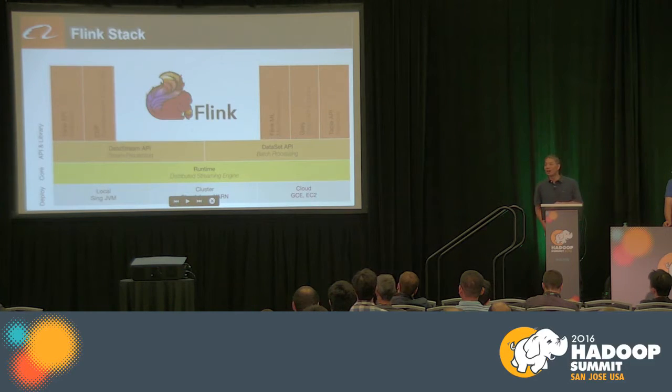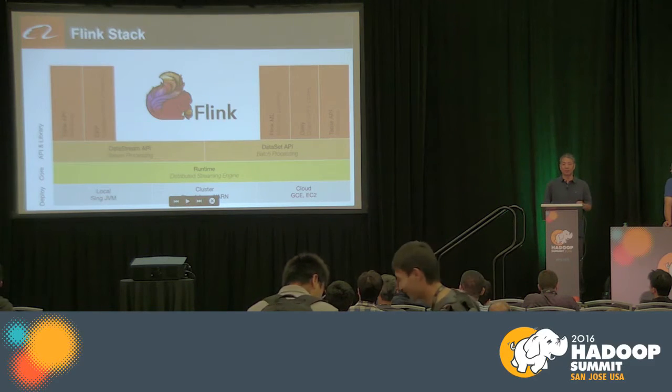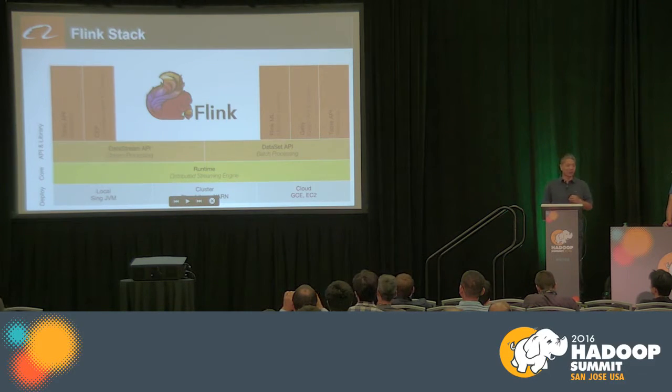This is the Flink ecosystem, or Flink stack. You can see at the bottom there is a unified runtime which supports both the streaming processing and the batch processing. On top of it, there is the dataset API, which allows you to do batch jobs, and there is a data stream API, which allows you to do streaming jobs in a pretty high-level description.